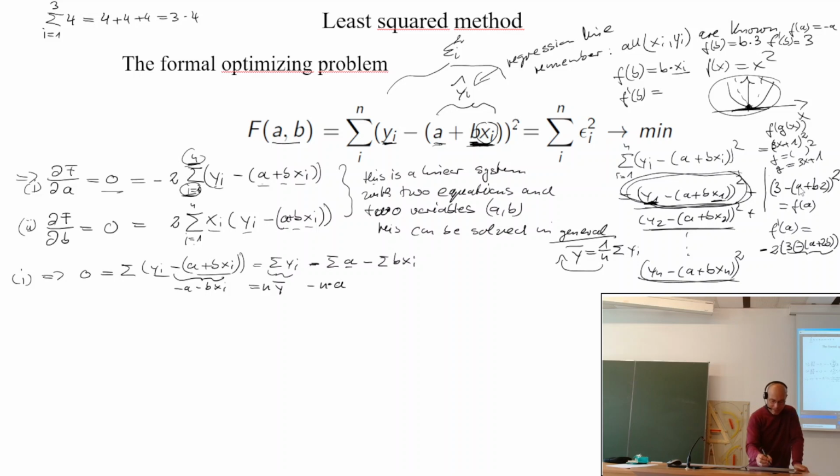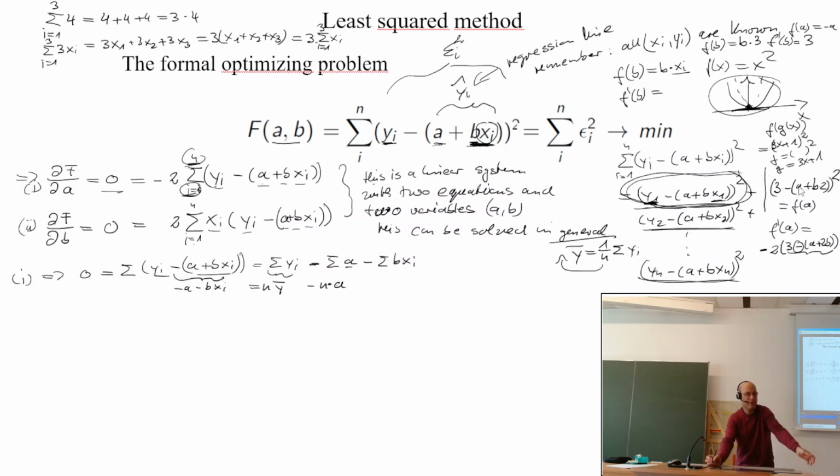Well, we also know 3 times x_i, i from 1 to 3, is nothing else than 3x_1 plus 3x_2 plus 3x_3. So we can take the 3 outside, x_1 plus x_2 plus x_3. And this is then 3 times the sum i from 1 to 3 over x_i. So we can take this parameter just in front of our summation.